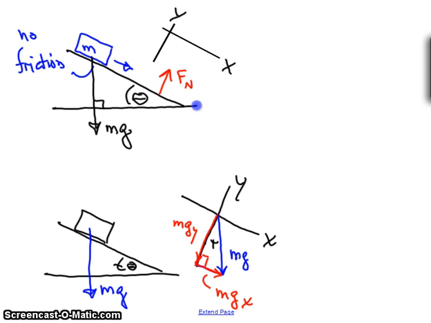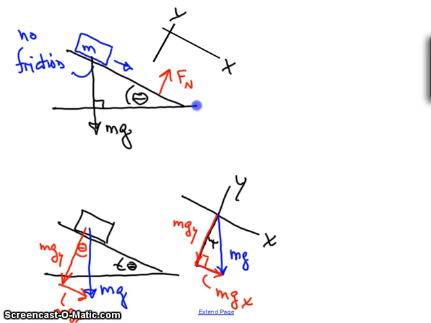And you can show that using some simple geometry. I won't go through it right now. And the mgy and the mgx that I drew, I'll draw them over here. This is mgy, mgx here, mgx, and this is mgy here. And the angle in question is the same angle as the ramp, which will be theta.